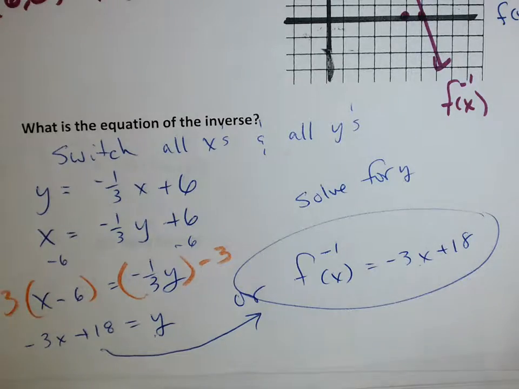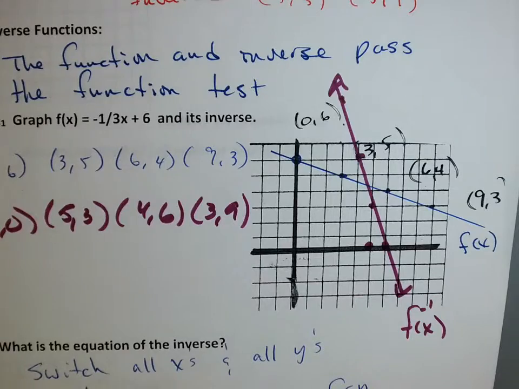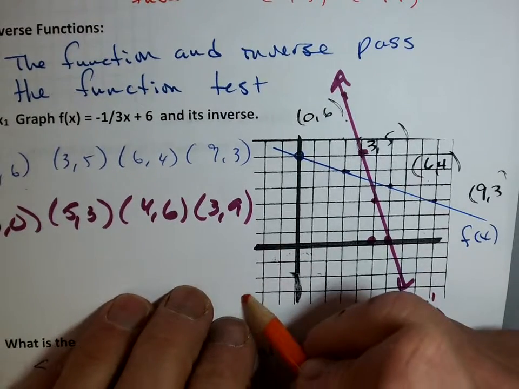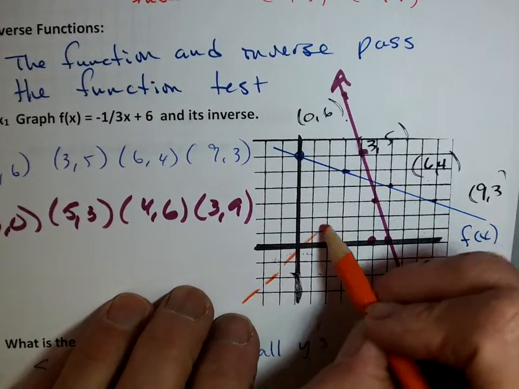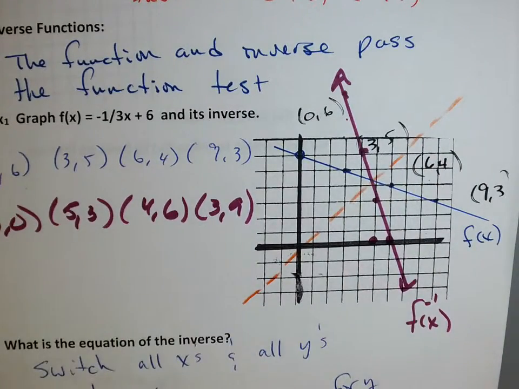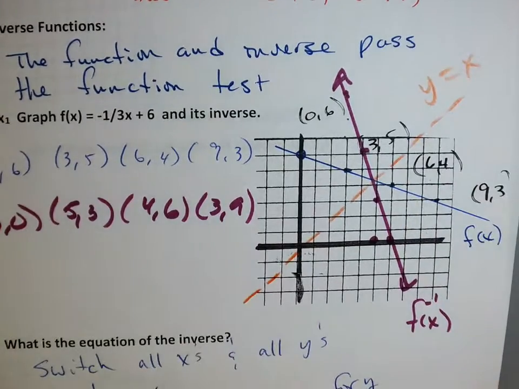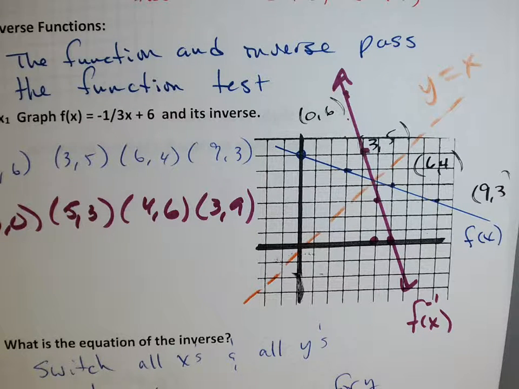Now, before I move on, there is something really unique that I want to show you. A function and its inverse are always going to be a reflection over the line y equals x. Always. If I can visualize this, like the barbecue skewer, if I were to rotate this, this would flip onto that.